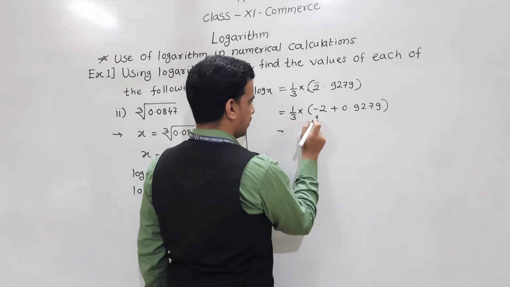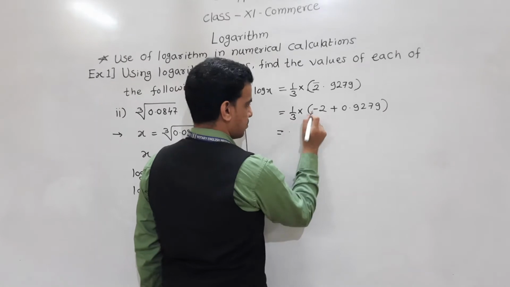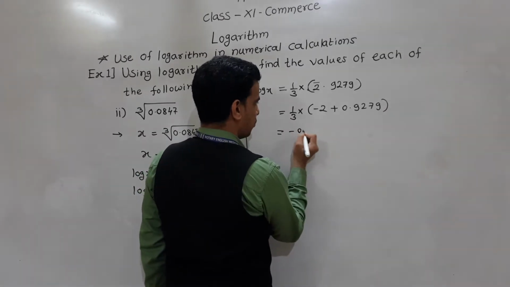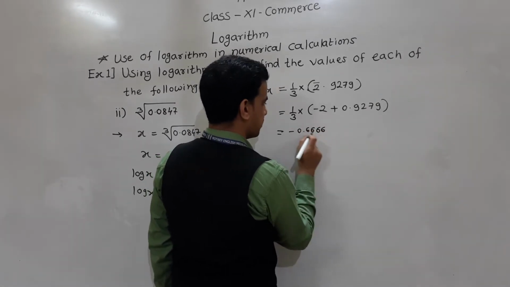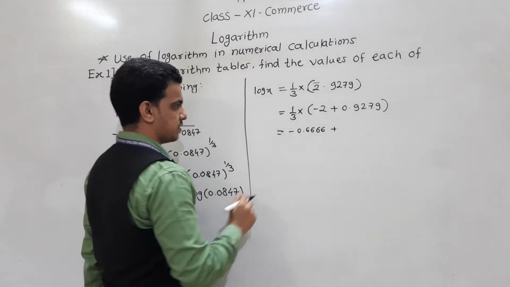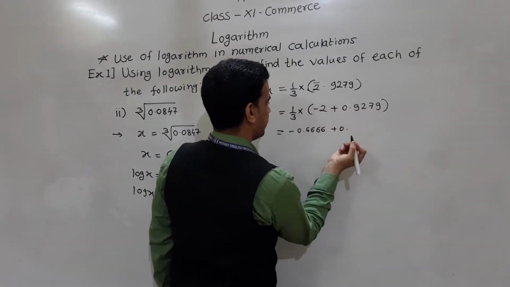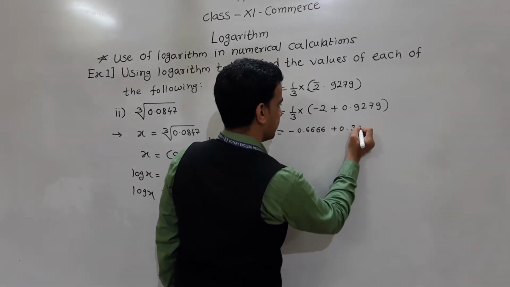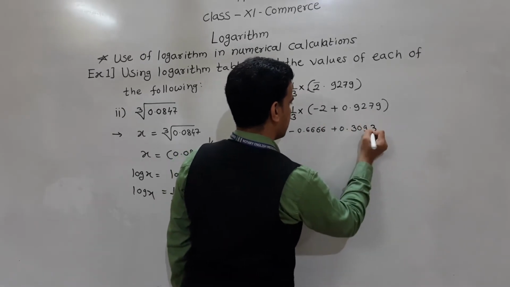So if we divide 2 by 3, the minus sign stays as it is. 2 by 3: 3 sixes are 18, 2 remains, so it is 0.6666 recurring. I am taking only the first 4 digits. Plus, if we divide this number by 3, it is 0.3093, 3 nines are 27 and 3 threes are 9.